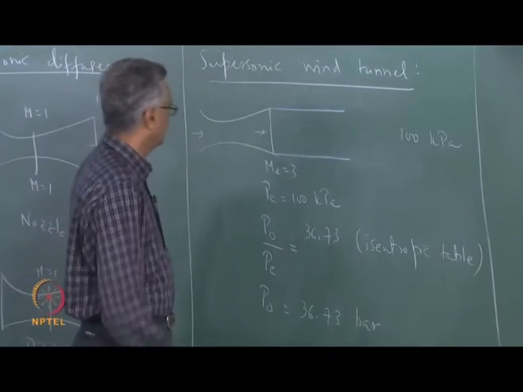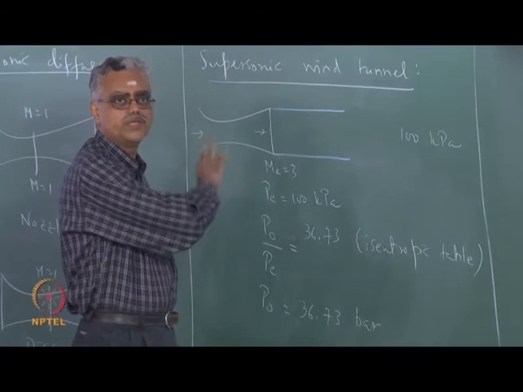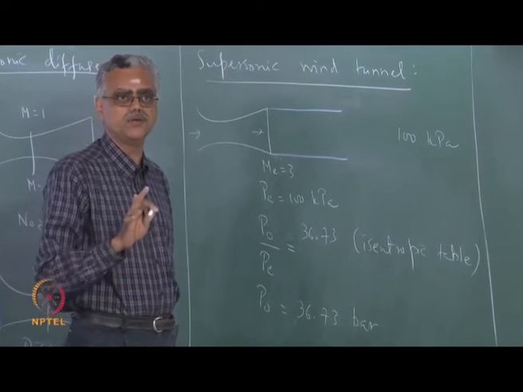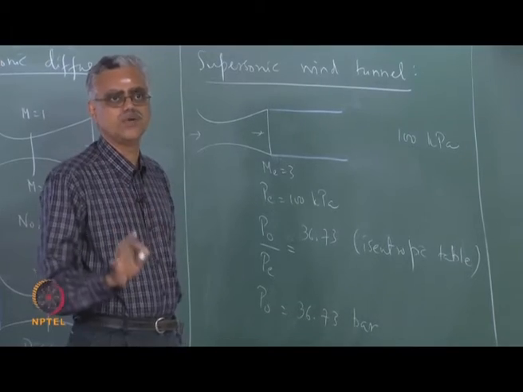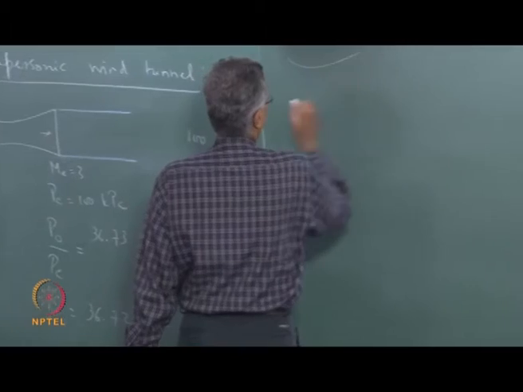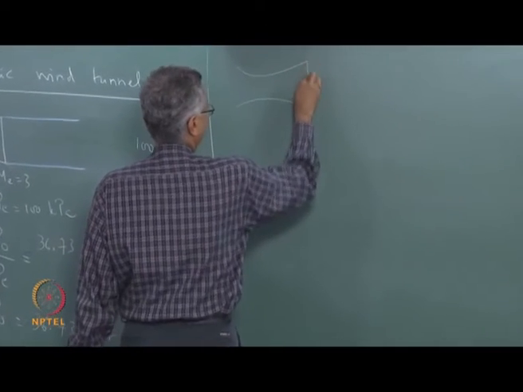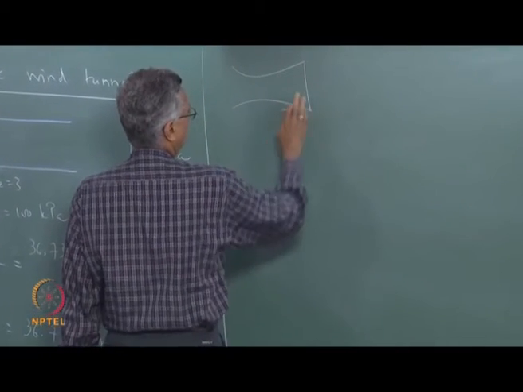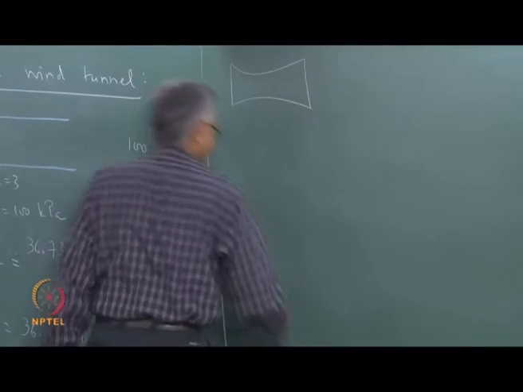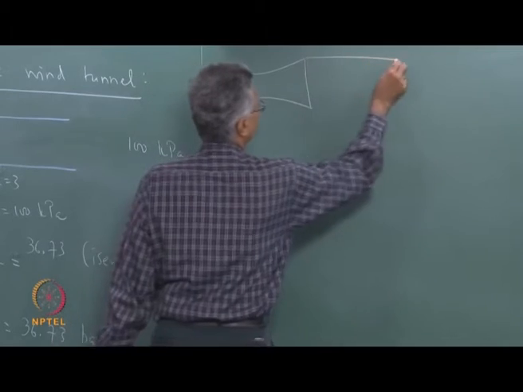Let us say that instead of allowing it to expand into the atmosphere this way, we want the Mach number to be 3, that is our desired test section Mach number. Let us say that we do something like this. Same nozzle, same everything, but now instead of allowing the nozzle to exhaust to the ambient, let us say that we put a test section, we add walls to this.